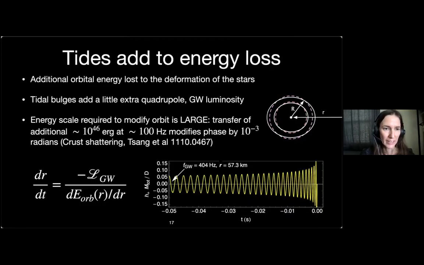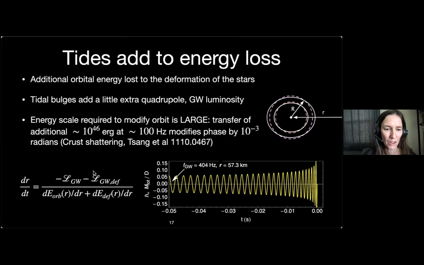So the tidal field adds to the energy loss in gravitational waves. So when we started before, we had something like, sorry, I'm flipping around my notation a little bit here, we had our change now in the radius of the orbit as a function of time coming from the gravitational wave luminosity. We'll also have some energy going into deforming the star.